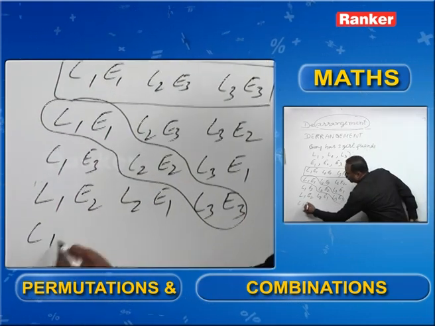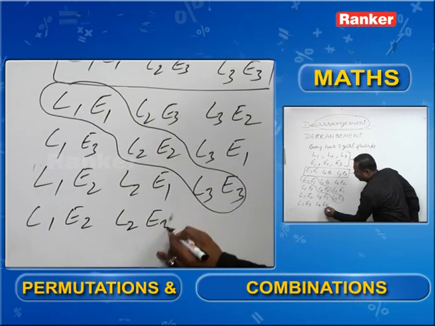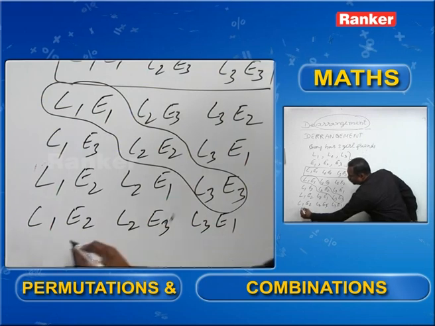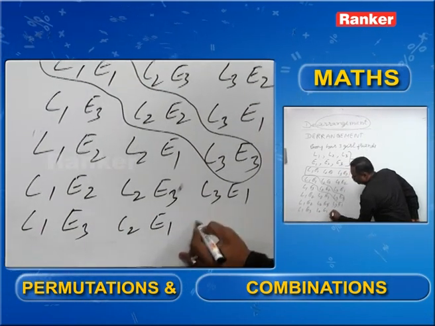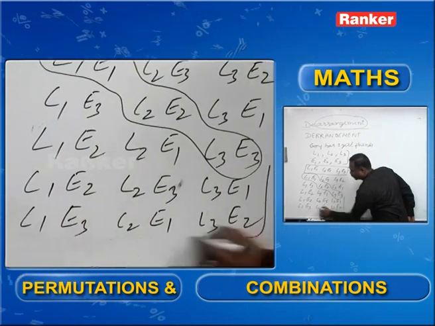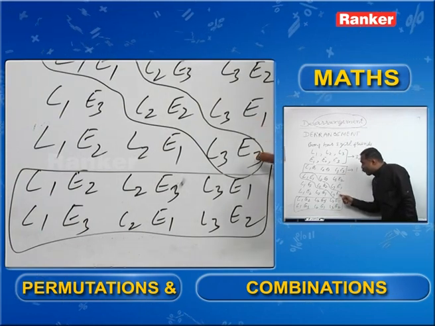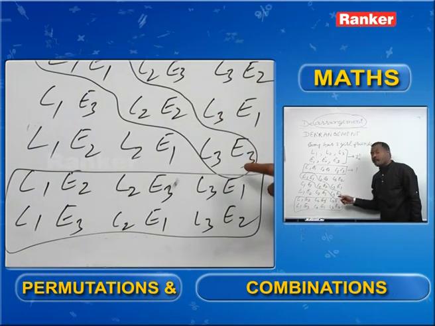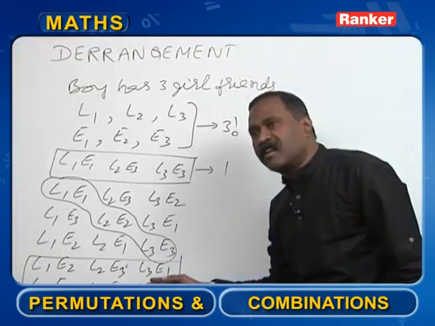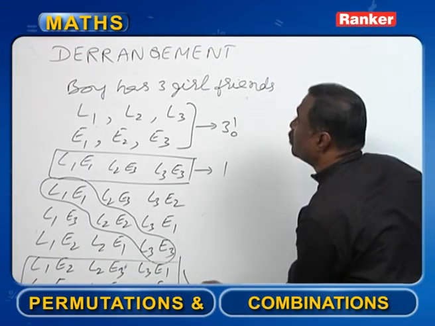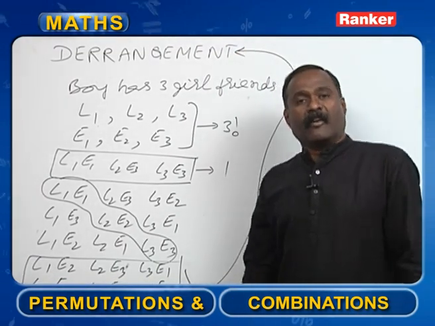So remaining L1 E2, L2 E3, L3 E1, and L1 E3, L2 E1, L3 E2. You can see these 2 cases. In these 3 cases, one letter is going into the right envelope. In this case, all the letters are going into the right envelopes, but in this case, no letter is going into the right envelope. This is nothing but the de-arrangement, understand?